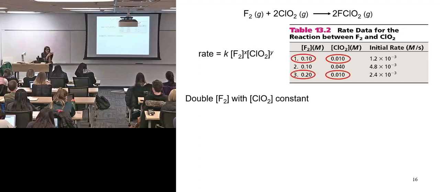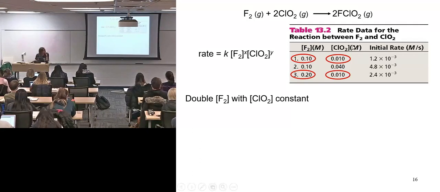First of all, the only way to do it is experimentally. So you have to be given experimental data or some plot or something. There's no other way to get this answer. So in this case, I'm going to double the concentration of fluorine while I hold my chlorine dioxide constant. I said hold one of your reactants constant, vary the other, and look at the difference in reaction rate.